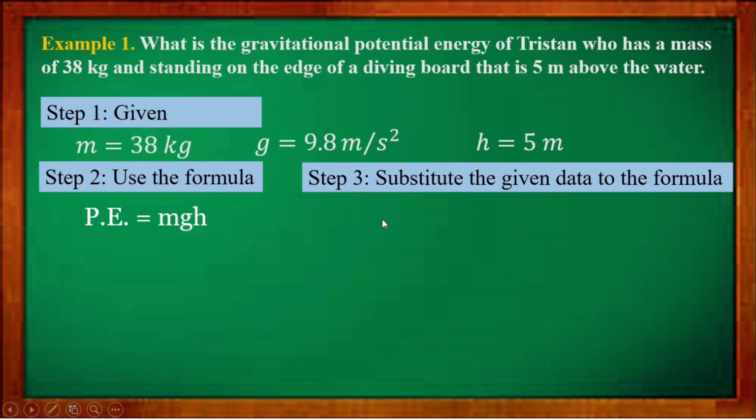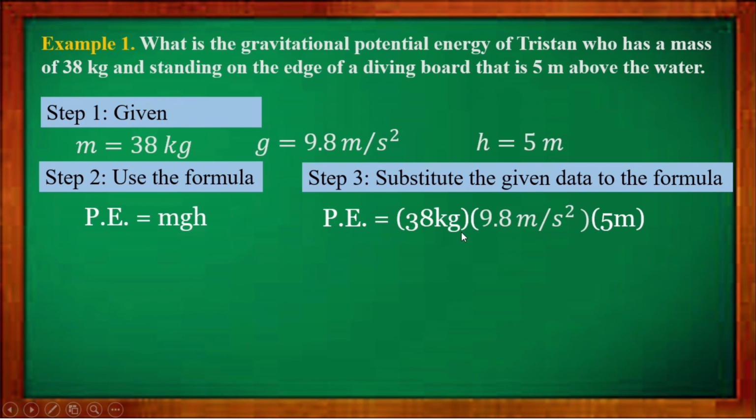And that is why we will have PE equals, replace the value of M, which is 38 kilograms, replace the value of G, which is 9.8 meters per second squared, and replace the value of H, which is 5 meters. That is why we have this equation.